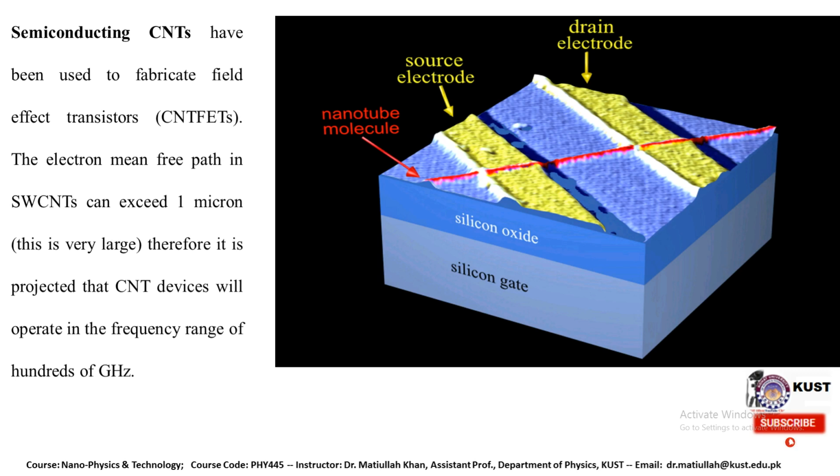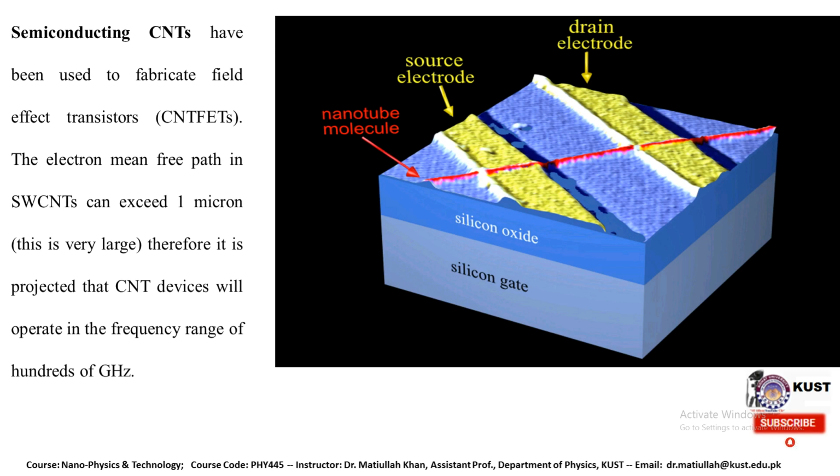Just like semiconducting carbon nanotubes have been used to fabricate field effect transistors. In this case we have a silicon gate and silicon oxide is grown on it. There is a drain electrode and a source electrode used for this particular field effect transistor, and there is a nanotube of molecules.